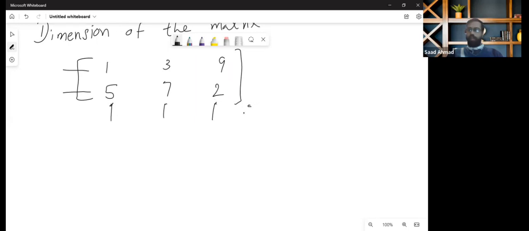We write it as 2 cross 3, so its dimension is 2 cross 3. That means rows cross columns. The numbers inside are the elements or entries of the matrix.